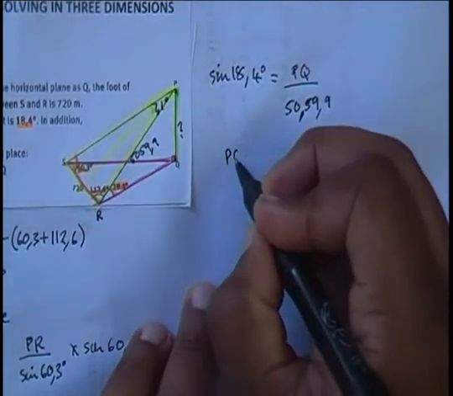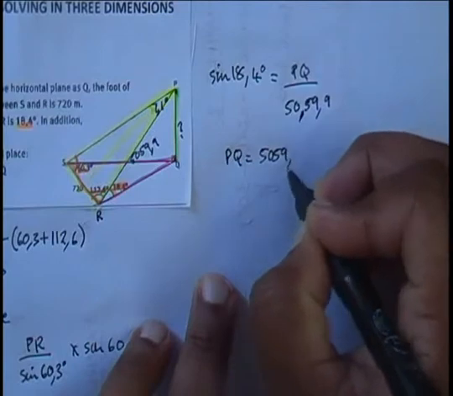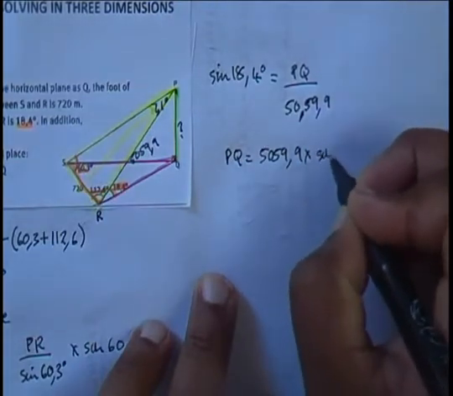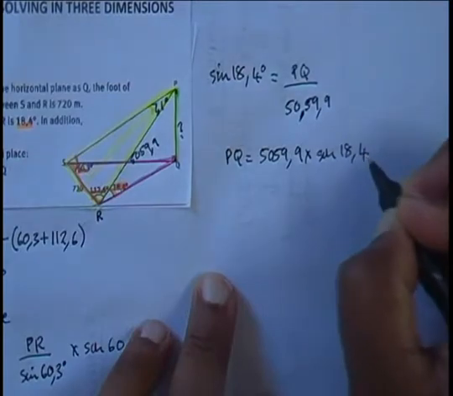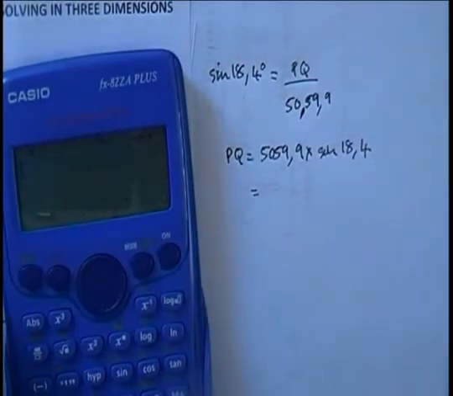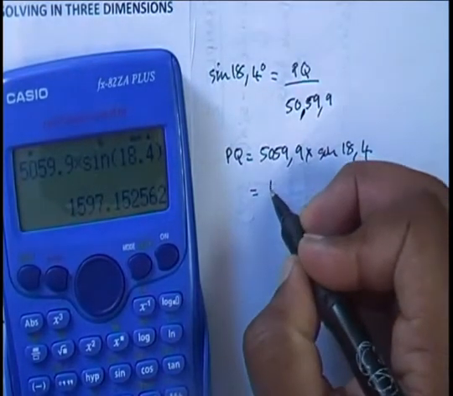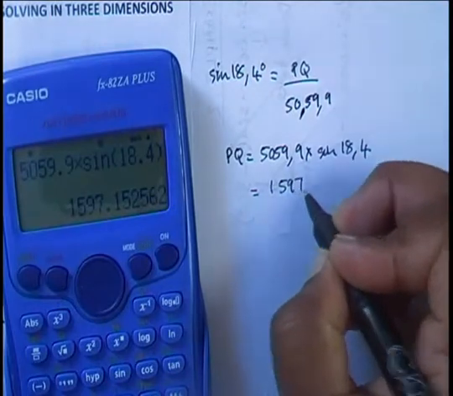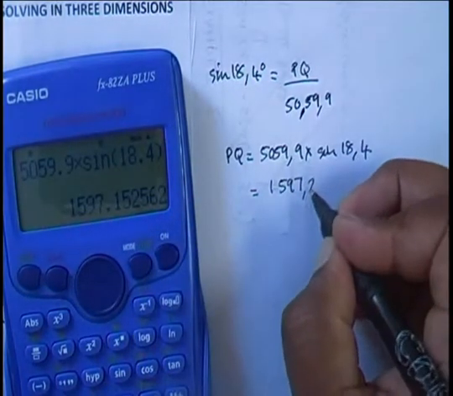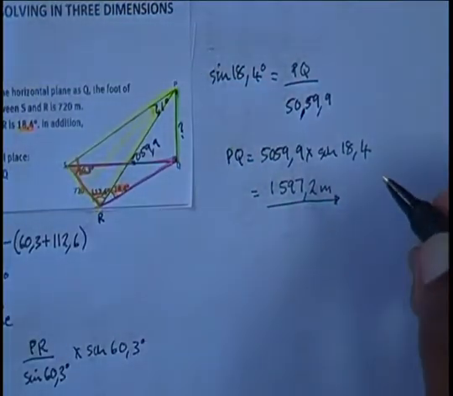Okay, so what that means is that PQ is going to be equal to 5059.9 times the sine of 18.4. And then if we just take out our calculator, we're going to say 5059.9 times sine of 18.4, close the bracket. So that is 1597.15. So that rounds off to 1597.2 meters. Okay, so that is the height of PQ.